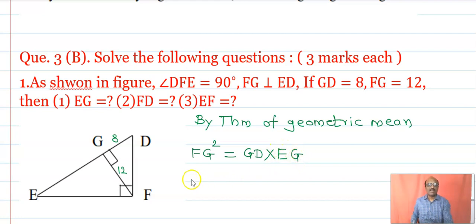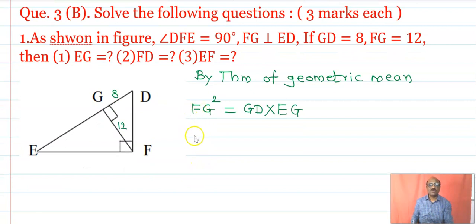Now here FG means what? It is 12 square, and that's equal to GD, GD means what? 8, and EG. 12 square means 144 upon 8, and that's equal to EG.